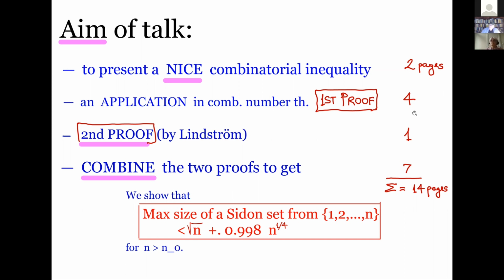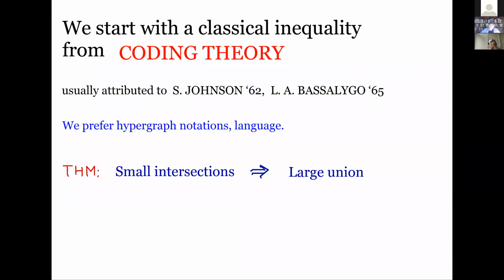And then using that inequality, I'm going to present a proof, or at least a sketch of the proof, for the maximum size of a Sidon set. And then there is a one-page proof by Lindström. And then in the last part, the second part of the talk, we combine the two, to see how to get a slight improvement. Okay, so that's the plan.